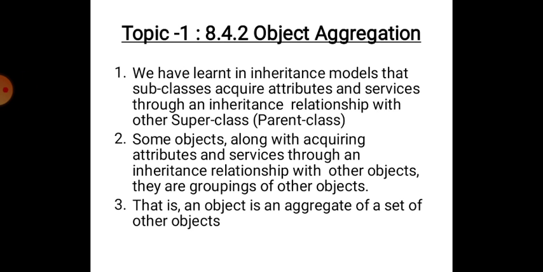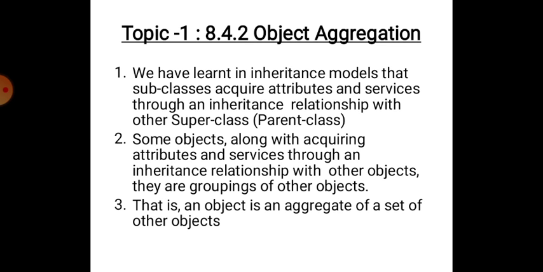Students, you have studied in object oriented programming that the children class inherit properties from the parent class, or otherwise the subclasses inherit properties from the super class. So the same concept is true here.